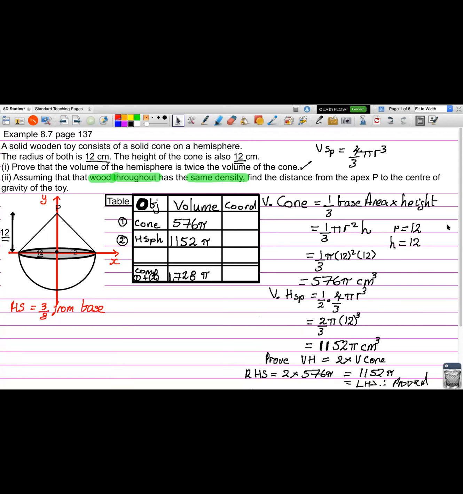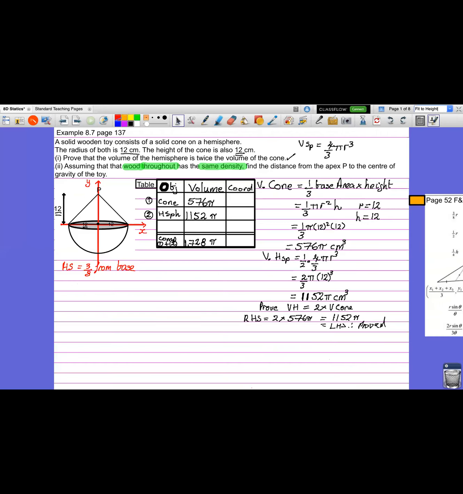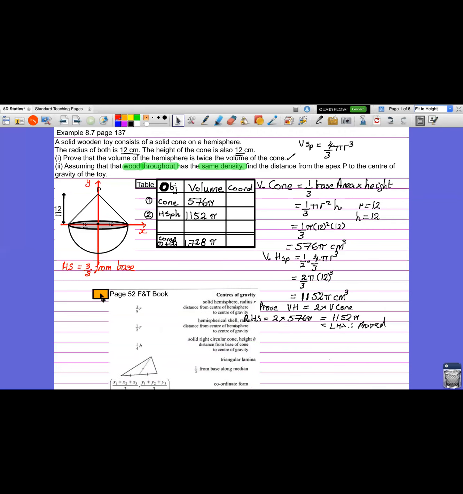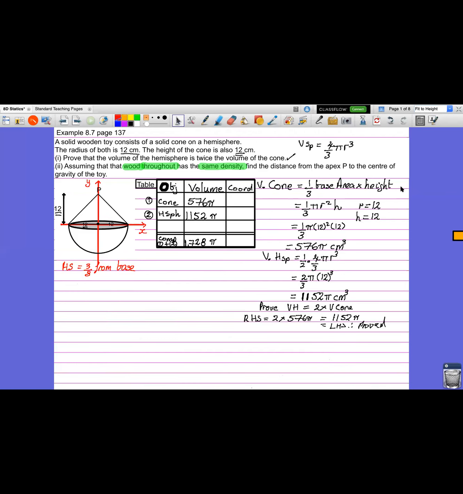Oh, I've lost it. 3/8. Just my luck, I pushed it too far off to one side. So there we have it again. It is 3/8 from the center of the hemisphere.